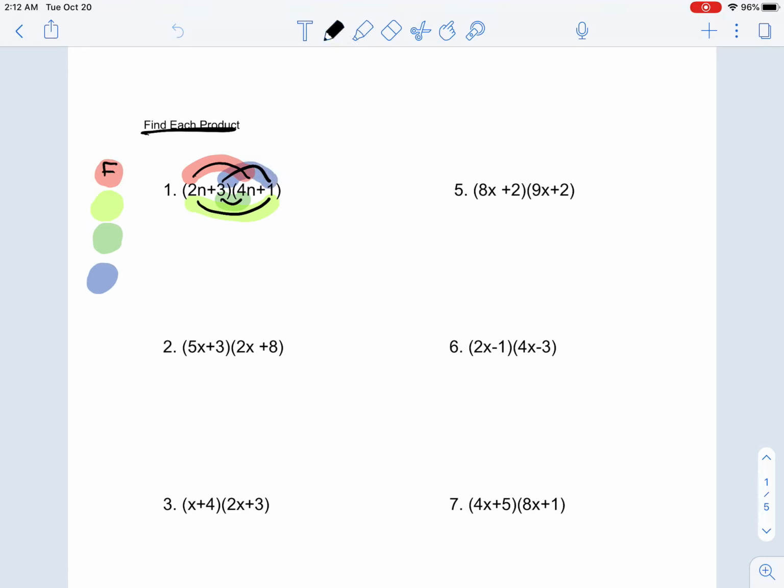So this would be your first, this would be your outer, this would be your inner, and this would be your last. If we follow these steps, we'll be able to get our actual product.